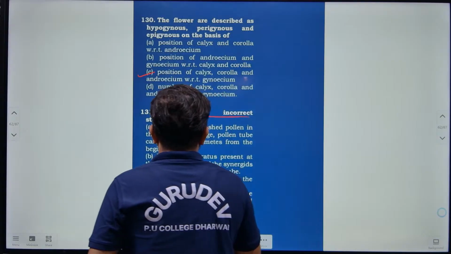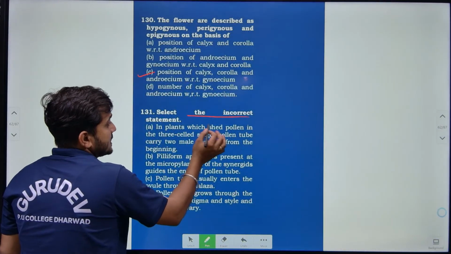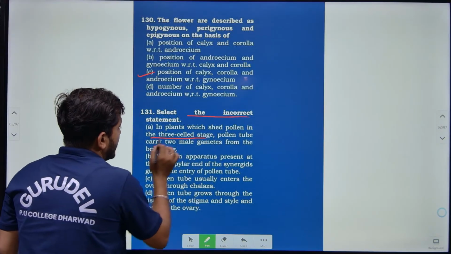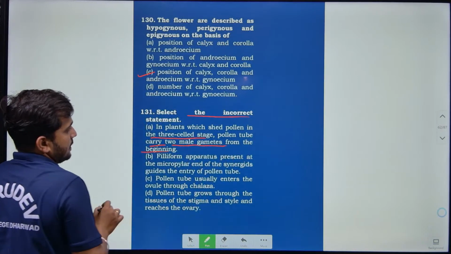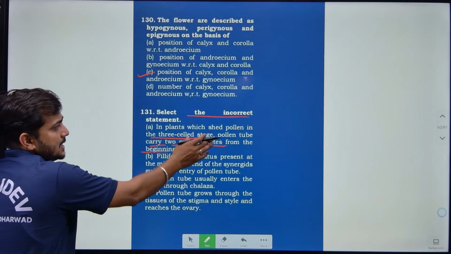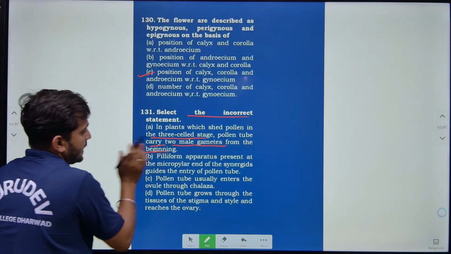In plants which shed the pollen in the 3-celled stage, pollen tube carries 2 male gametes from the beginning, right?